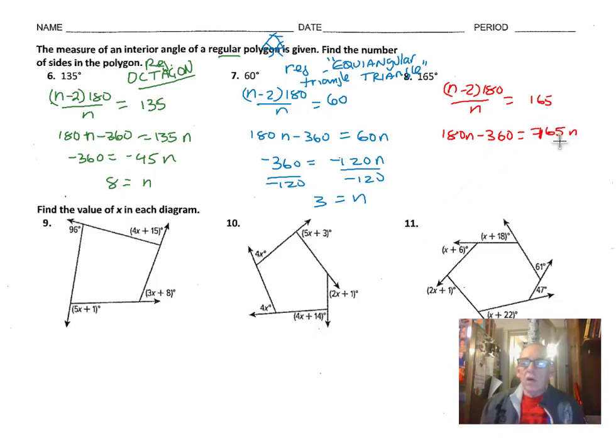This time I'm going to take 165n away from both sides. So I get 15n minus 360 equals 0. Add 360 to both sides, just to get rid of the negatives and keep from having to deal with them. 15n equals 360. Divide both sides by 15. n is going to be 24.